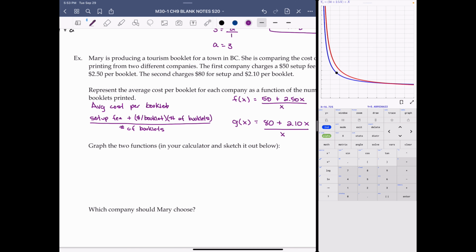So the blue line is our first function, and the red line is our second function. Let's sketch our graph here. Down here we have number of books, and on the y value we have average cost per book.